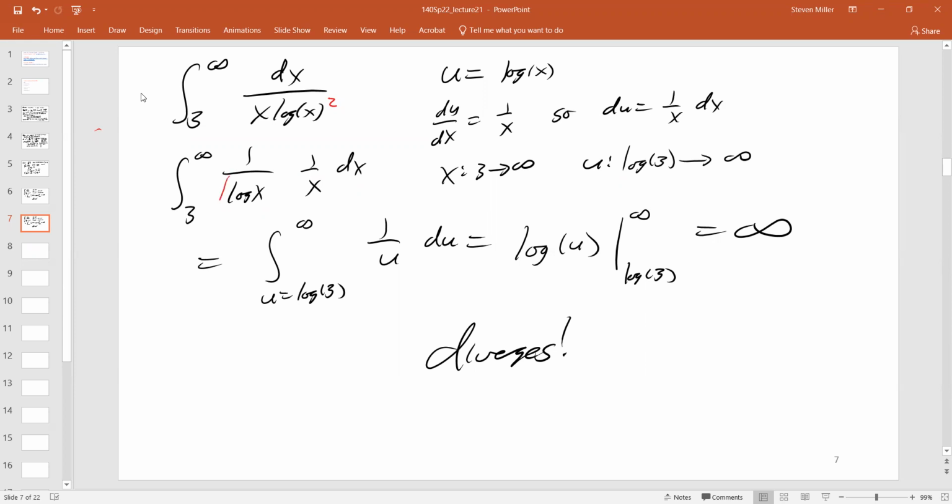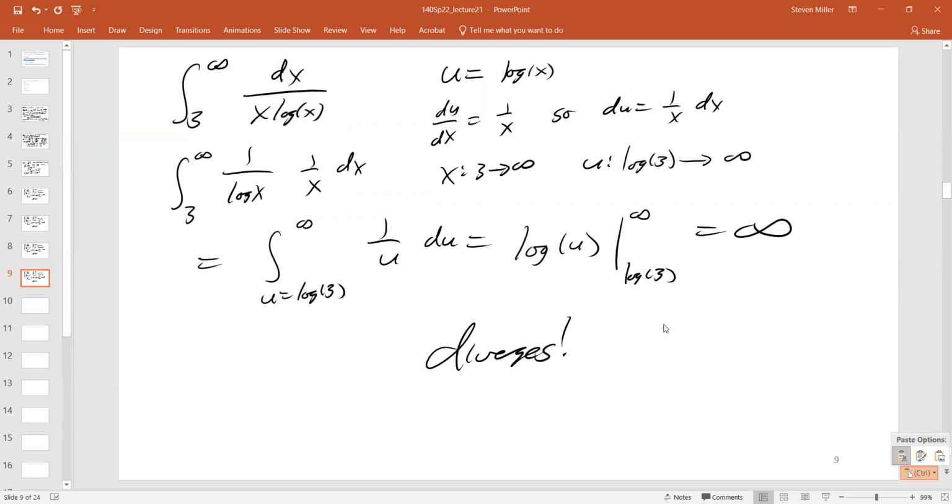The only difference now is I have a log squared, so this becomes 1 over u squared, right? And so now, what do I get?